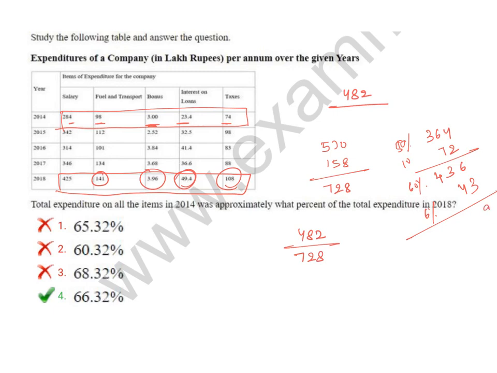So this becomes 9, this becomes 7, 479. So that becomes 66% is 479. So if I add 1%, that is actually 7.2, it is more than 482. So our answer should be in between 66 to 67. So that is 66.32. This is a bit calculative. So this is how we generally do it.